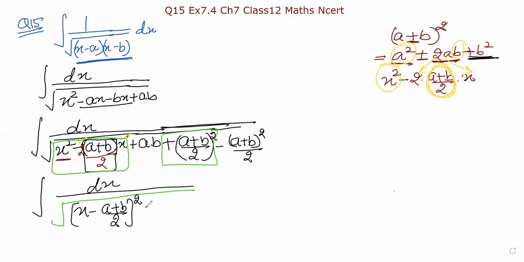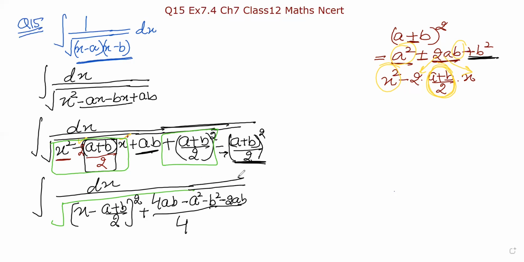Now we have to see what is left. I am left with this term and this term. If I take the LCM here, because the square is complete, this will be 4ab minus a square minus b square minus 2ab, because this minus will get multiplied with all the terms inside. So this is the term I will get.